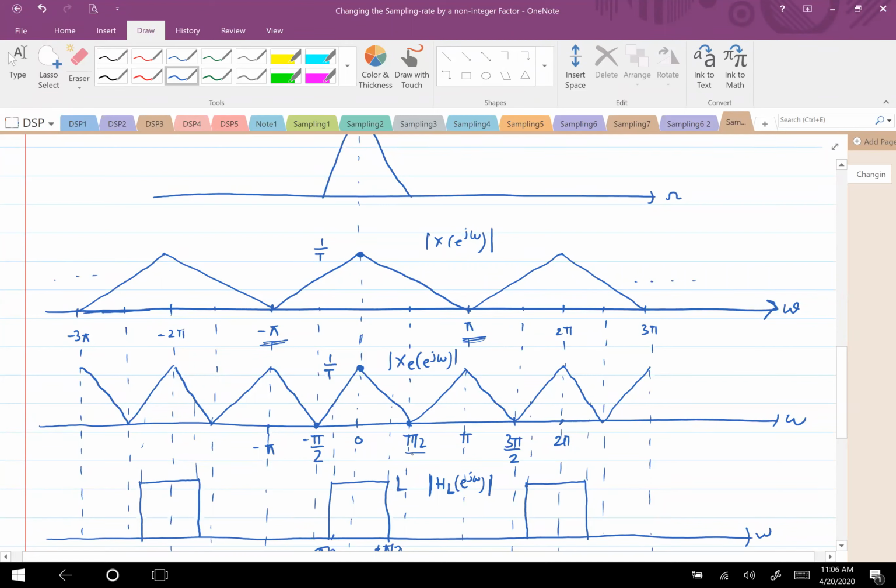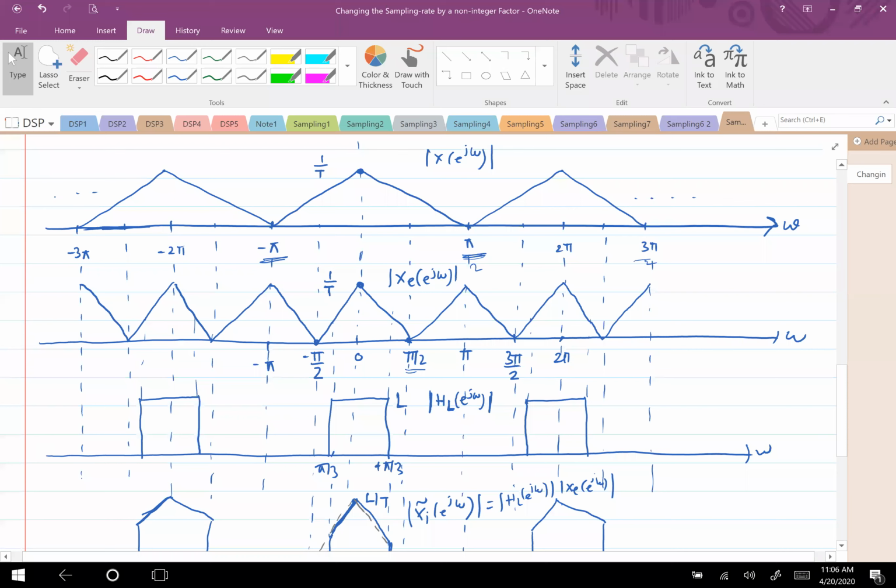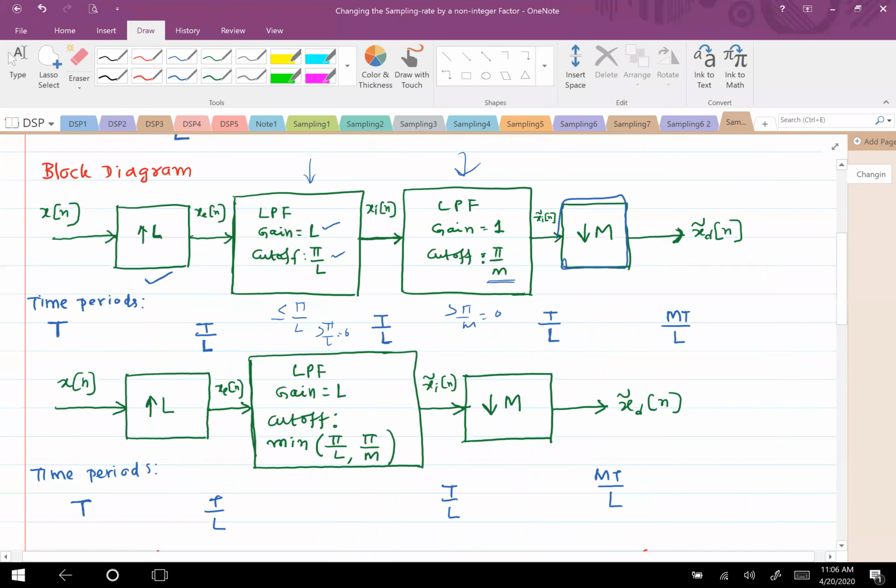This whole copy would come in between minus pi by 2 and plus pi by 2 itself. This minus pi to pi, divided by 2, would come from minus pi by 2 to 3 pi by 2. This is how you are getting the copies. Well, you need to just retain one copy here in between 0 to pi. That's if you are doing just this block.